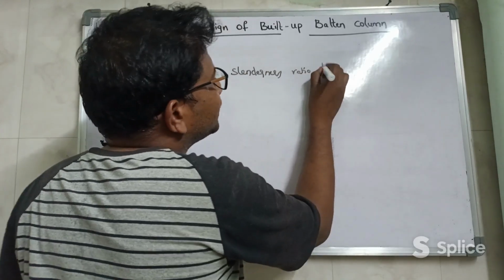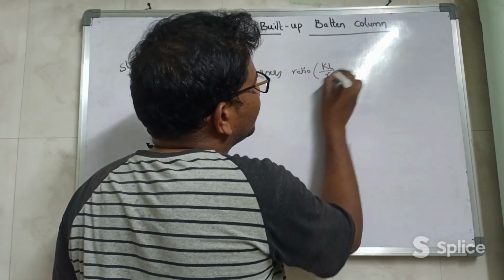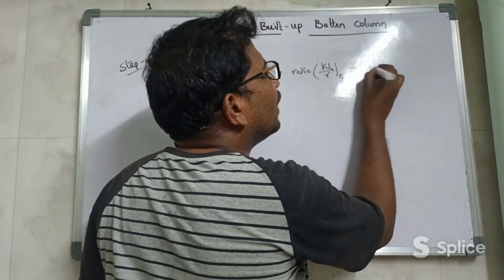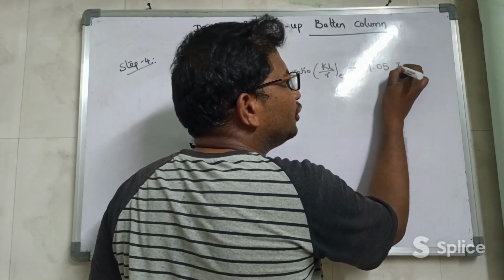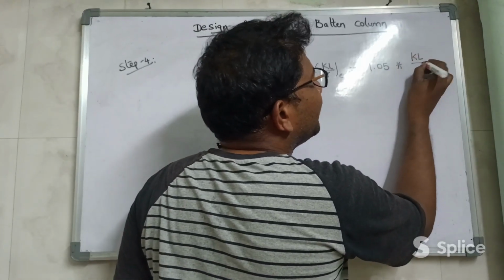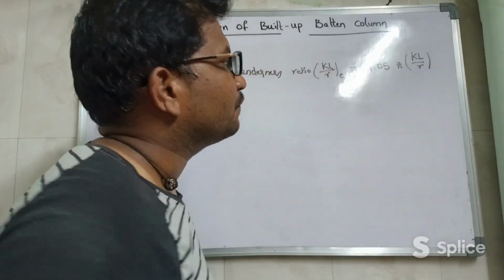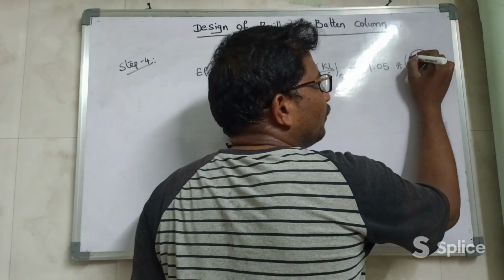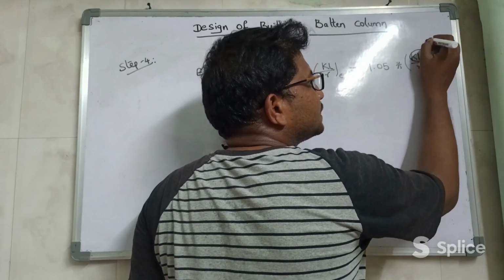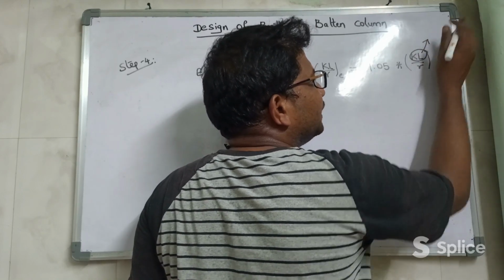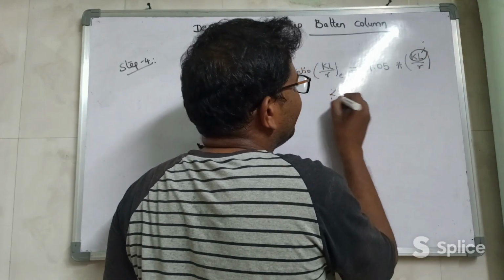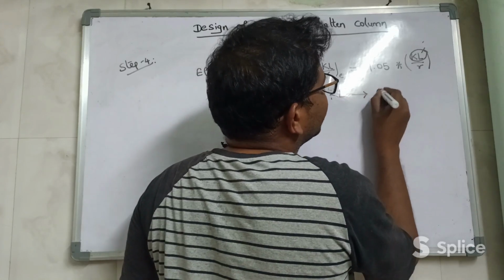Effective slenderness ratio KL by R effective is equal to 1.05 into KL by R. This KL value can be obtained from end conditions.